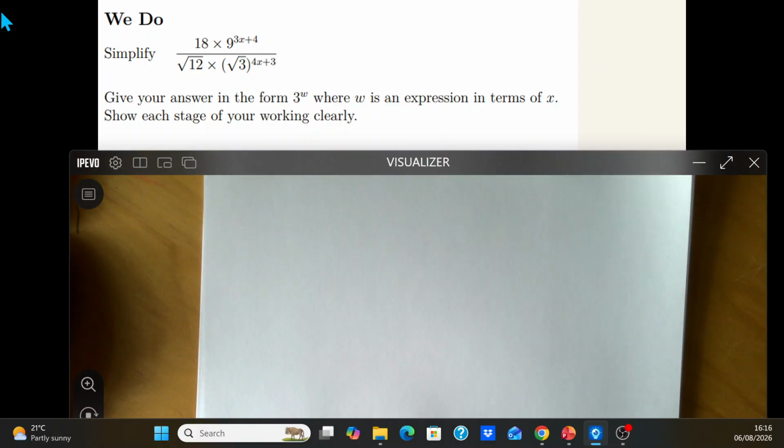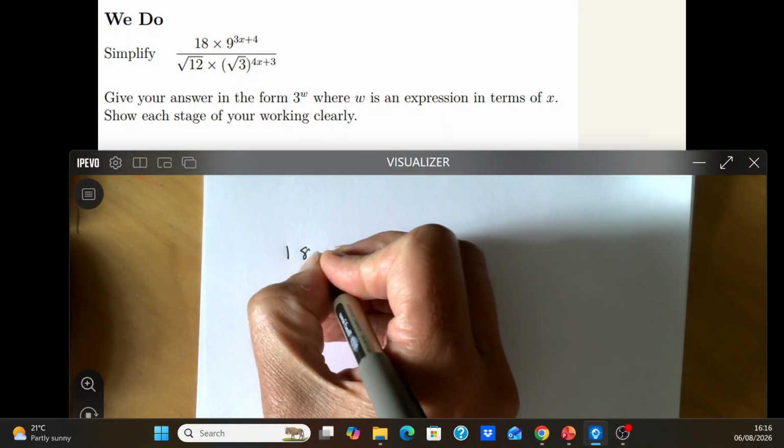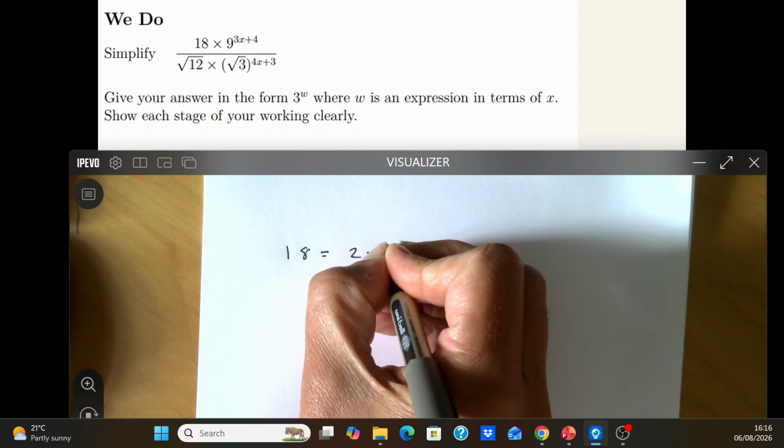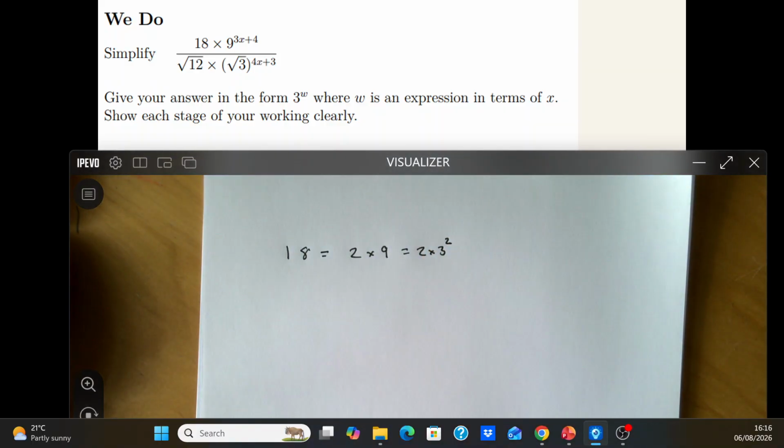Breaking it down, I know, what do you know 18 equals? Hopefully you've written that.